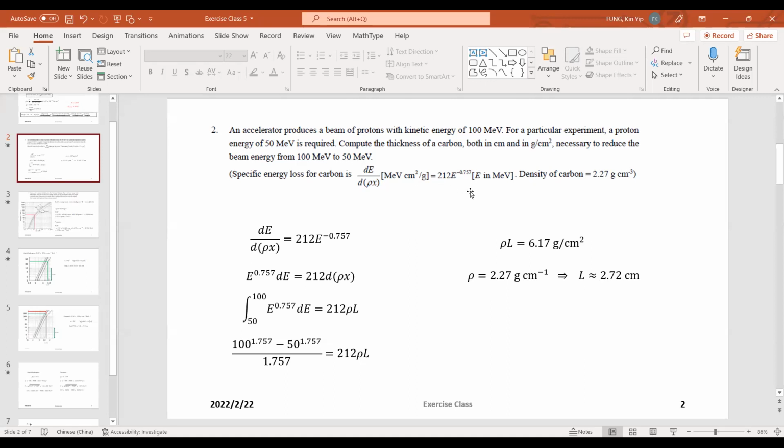Oh, so the analytical form is a rather complex curve. Yes. And within this range, you can use this power law to fit it. Why a power law? I think one reason is that it's easy to do the integration. I think there are also other approximated forms that we can use. So this is just one form that can describe the curve in this energy range.